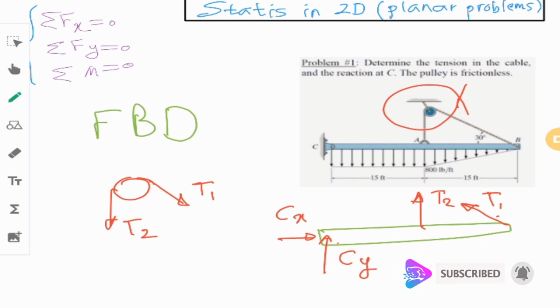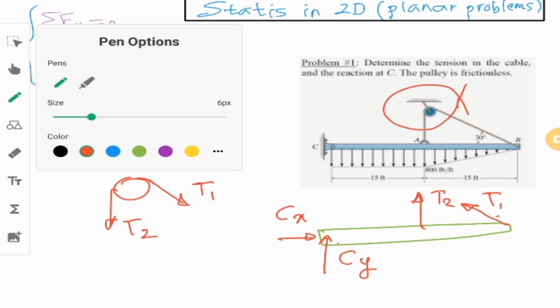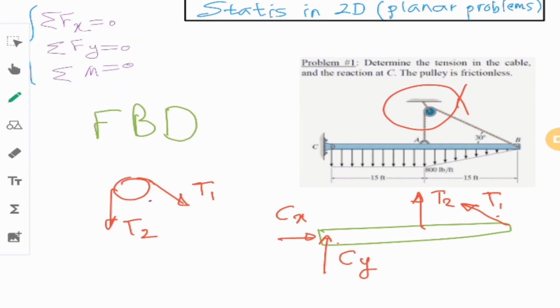That means it's dynamic. When we are solving a problem in static equilibrium conditions, actually nothing is moving, and that means this disk would be in static equilibrium conditions as well, meaning that T1 needs to be equal to T2.